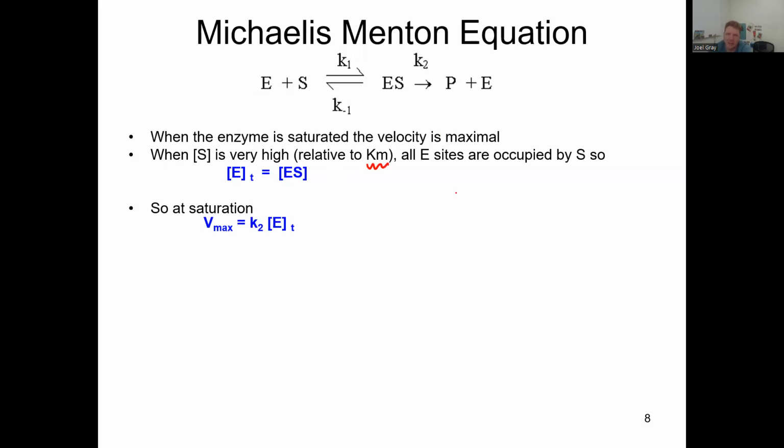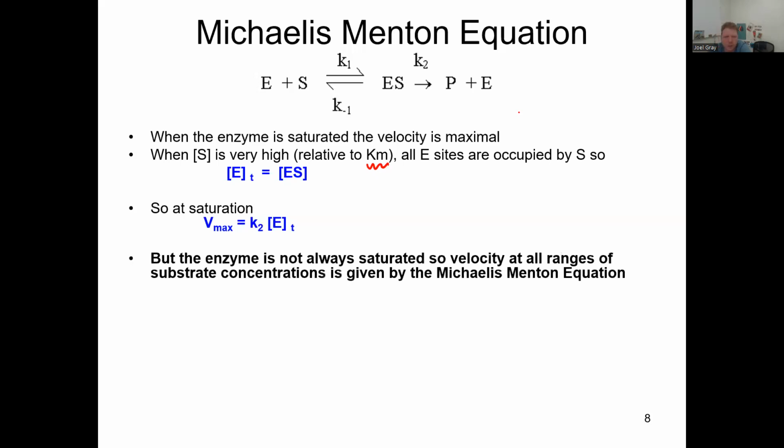This is known as the Michaelis-Menten constant, and I'll get a solid definition of that representation for you all in just a moment. But what we can say is that saturation, so whenever our substrate concentration is infinitely high, we have reached our maximum velocity. Our Vmax, the fastest that our enzyme can possibly go, is equal to our K sub 2 times our enzyme concentration at a given time.